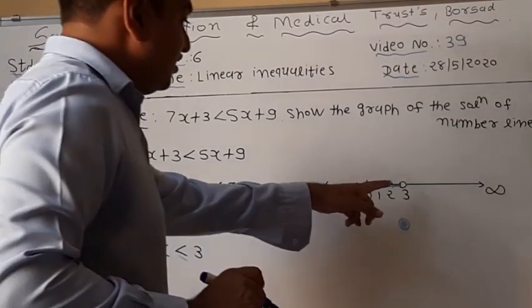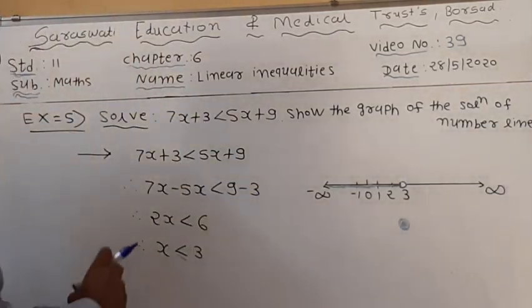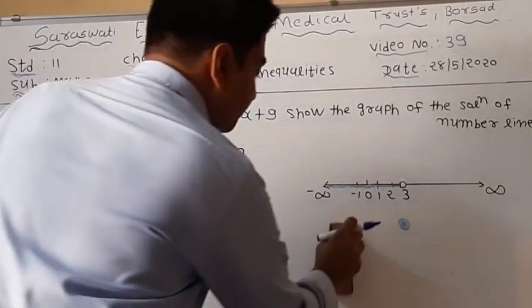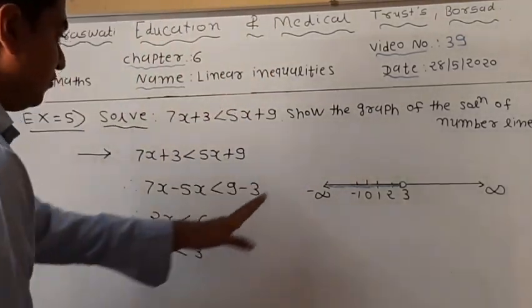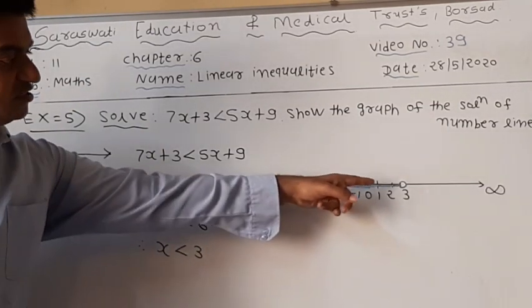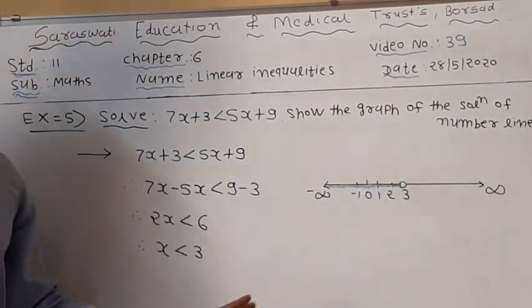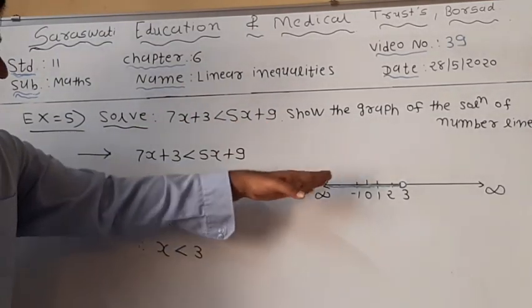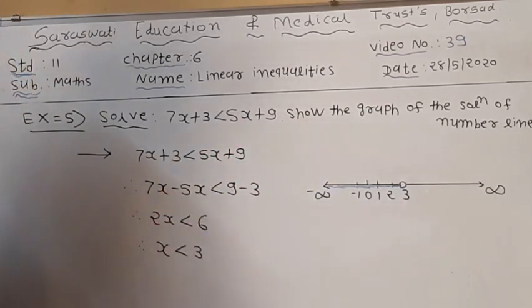But here strictly less than is present, so we draw an open hole, and the arrow is going from the left side, so we mention it this way. So our answer, the graph of the solution on the number line, is represented like this. Clear? Okay. Next question.